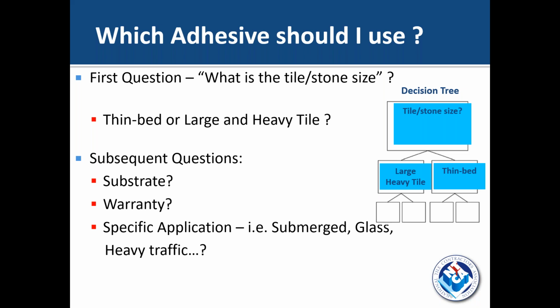As I said, there are other qualities or features of a thin set aside from the ANSI, and depending on your installation, there are other qualities that can be very important as well.